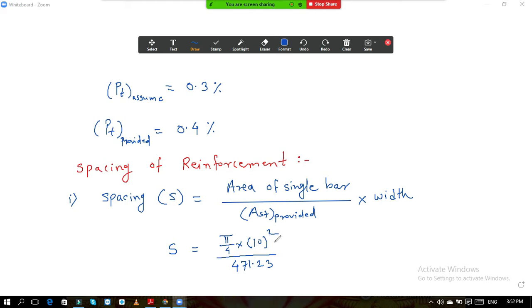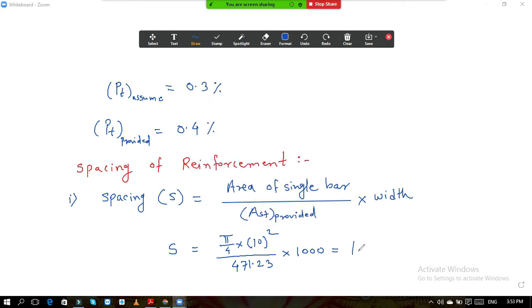This is the AST provided, multiplied by width. We have assumed 1 meter width of the slab. So 1 meter is 1000 mm, so multiply it by 1000. If you do this calculation, you will get the value of this spacing. Let me know the value.